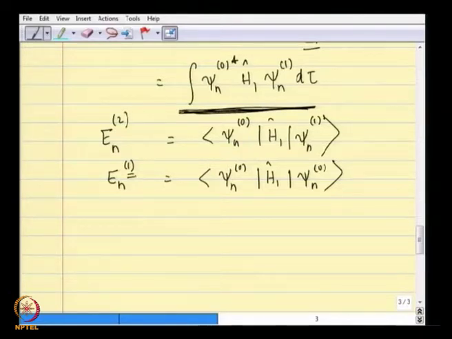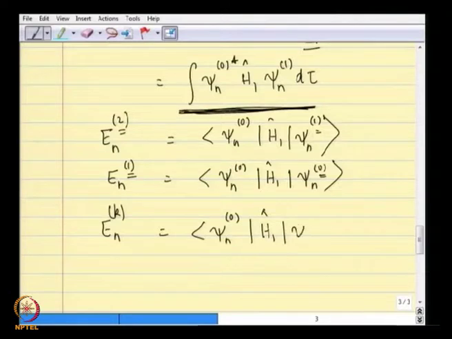So, in principle, if I need to know the correction to any nth order or any kth order, whatever it is, third, fourth, fifth, etc., all I need to do is calculate this quantity, psi n0 h1 psi n, the k minus 1th order wave function.